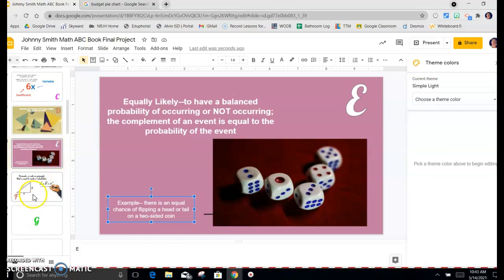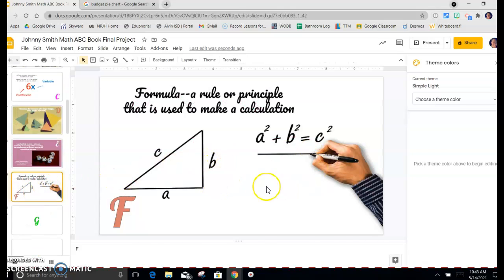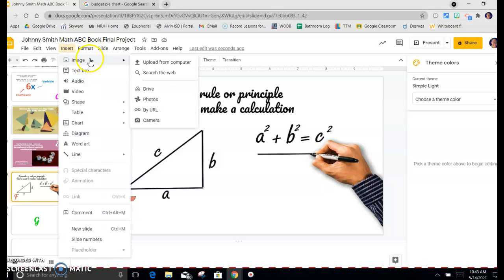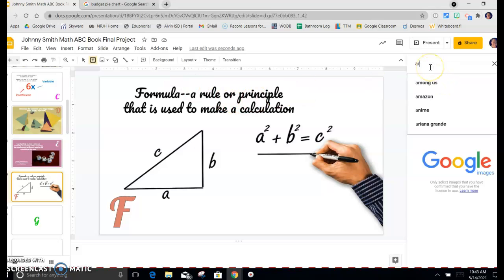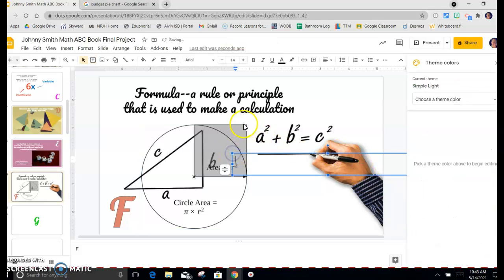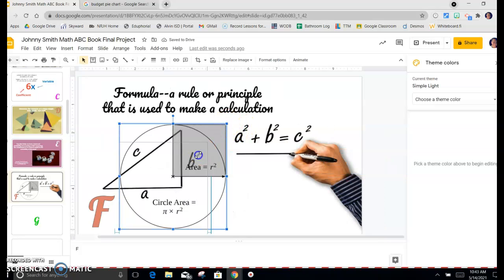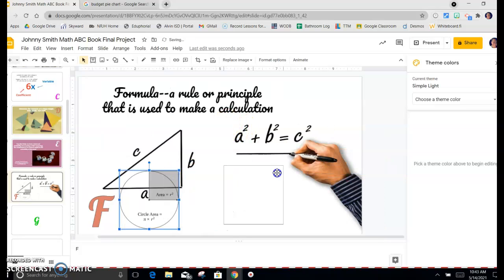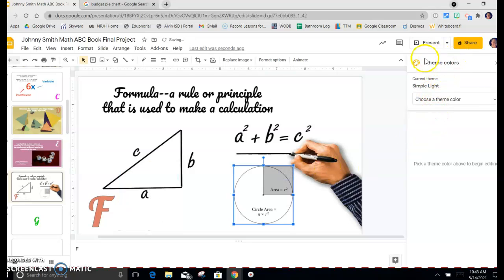What else did I say I needed to go over? Oh, formula. So, for example, I can list other types of formulas. Let's actually do that with times radius squared. Insert. Boom.